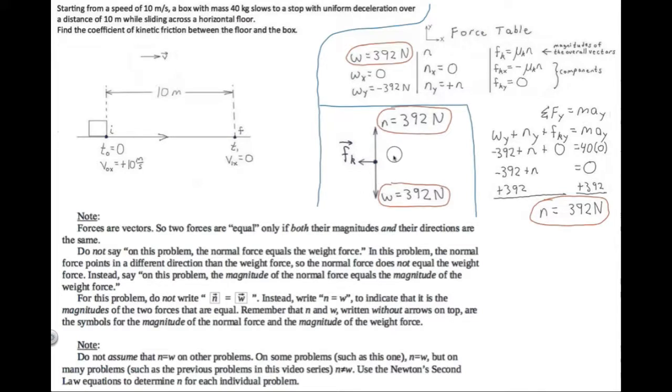To prevent that from happening, the downward weight force has to be canceled by the upward normal force exerted by the floor. So yes, it does make sense that on this problem, the magnitude of the normal force will equal the magnitude of the weight force. In this version of the free body diagram, I've drawn the length of this arrow equal to the length of this arrow to reflect the relationship between those two forces.